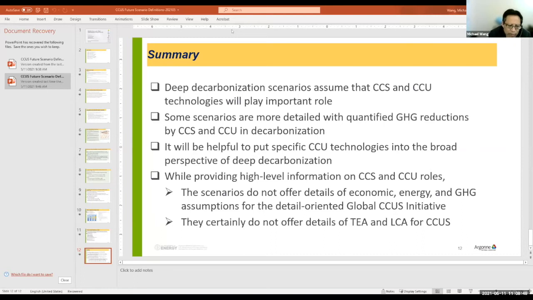So that's where, for negative CO2 sequestration, BECCS and direct air capture are the potential CO2 sources. So I hope I address your question.